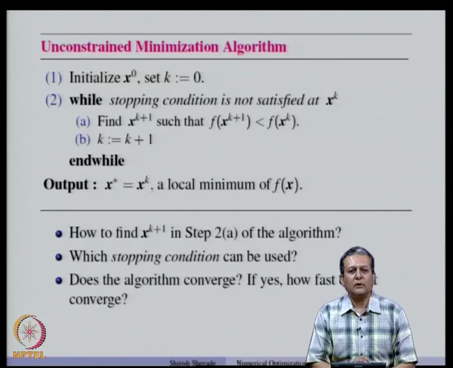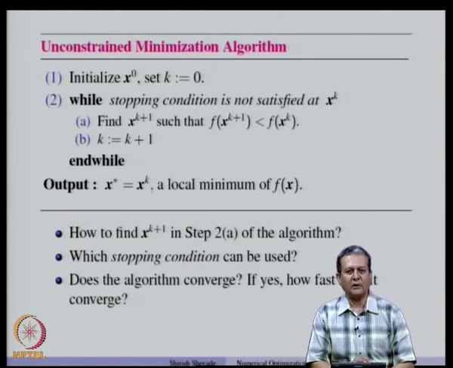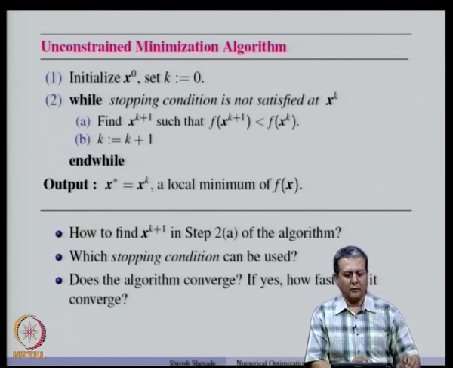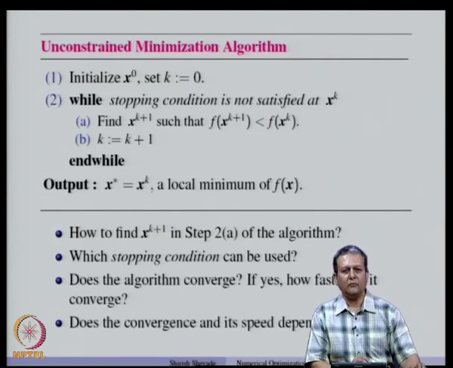Another important question that needs to be answered is: does the algorithm converge, under what conditions will it converge, and how fast will it converge, if at all it converges. The speed of the algorithm in terms of the number of iterations or the input dimension sometimes also plays an important role in deciding the speed of convergence.